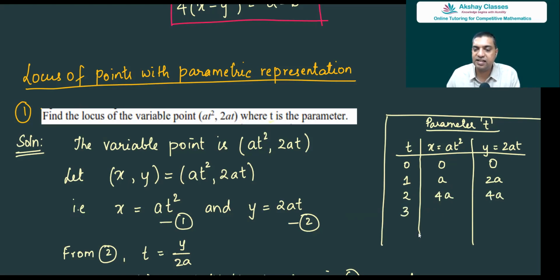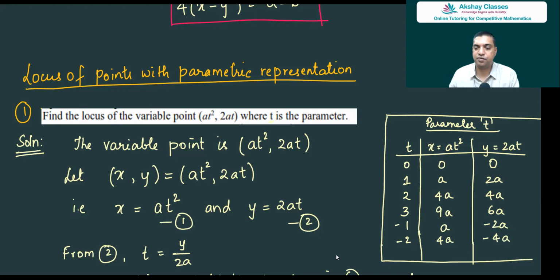Put t equal to 3: x is 9a, y is 6a. Put t equal to -1: x is equal to a, y is equal to -2a. Put t equal to -2: x is 4a, y is -4a. So as t changes, x and y change, and you can plot the points.